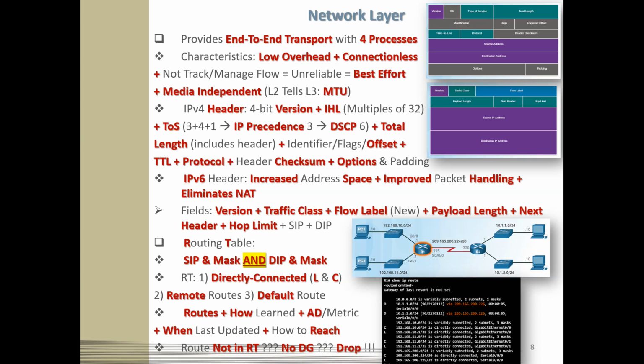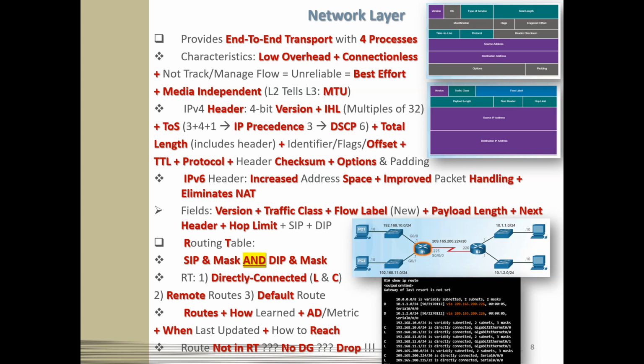One famous example is when we make use of this field to do an extended ping in a specific use case. Options can be used to record route or to timestamp route. So these are different settings for options.